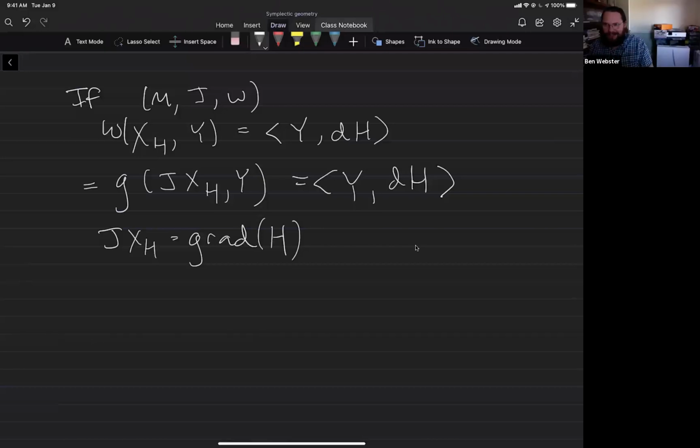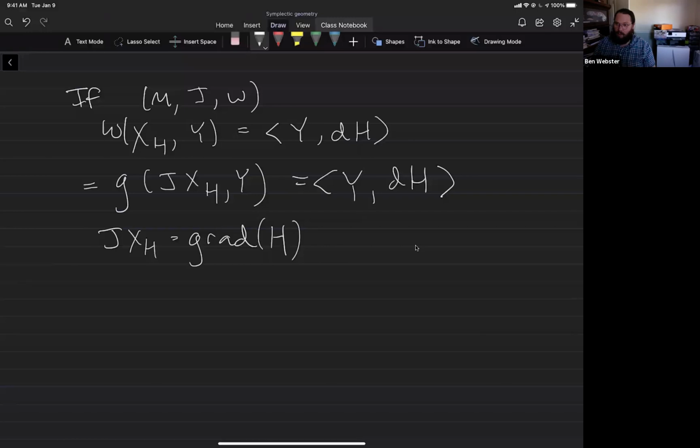So you should think of this Hamiltonian vector field as some rotated version of the gradient. Gotcha, makes sense. Somehow the symplectic form tells you how to rotate. That seems a little weird, but you have to remember that gradient isn't a coordinate-free thing.